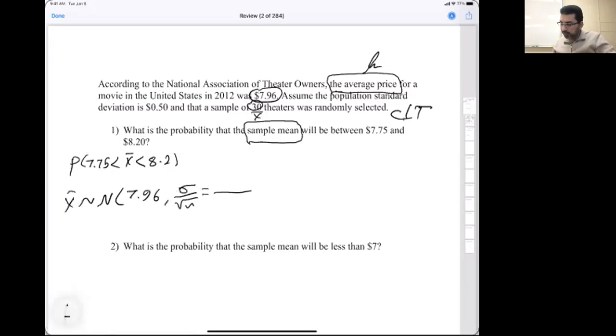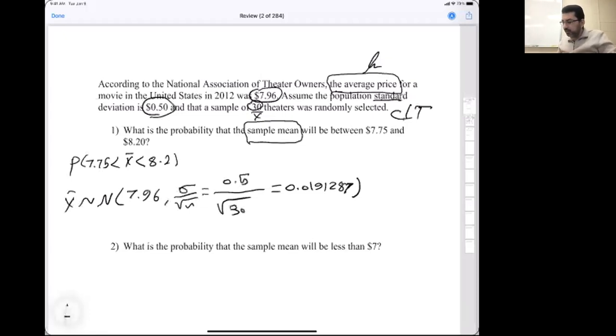Sigma from the scenario is 0.5, and we need to divide it by the square root of 30. Use your calculator or Excel. You will find it's 0.0191287. I will write all the numbers as you can see. So this is the standard deviation now.